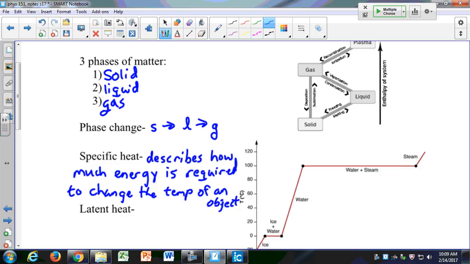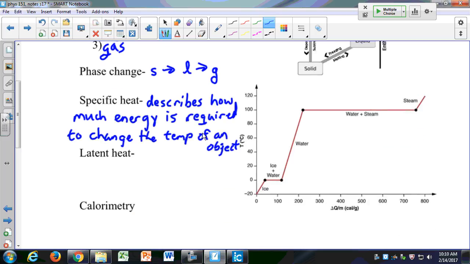Some objects have a very high specific heat. They require a lot of energy to change the temperature of the object, and some objects have a low specific heat. They require a very small amount of energy to change the temperature of an object.